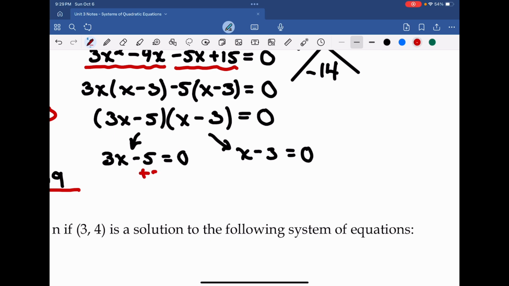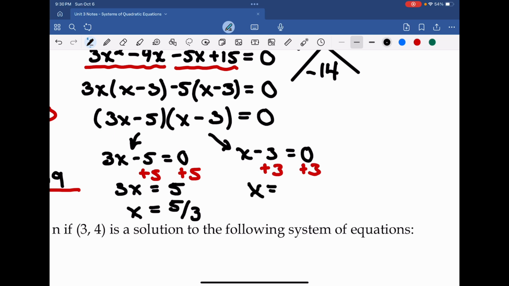Awesome. To solve this algebraically, we're going to add 5 across. This gives us 3x is equal to 5. Lastly, we divide both sides by 3, and we get x is equal to 5 over 3. Now, our other one, simply put, we just need to add 3 to both sides. There's nothing to divide from x, so we get x is equal to 3.